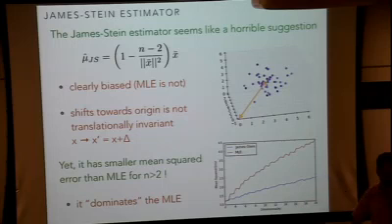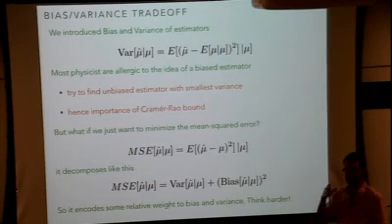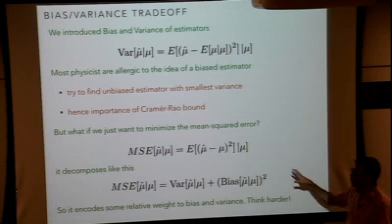Well, that was the thing that we showed last time. One of the points I was making is that before we talked about the Cramér-Rao bound, which said that for unbiased estimators, their variance has to be bigger than some number related to the Fisher information. In this case, we're not talking about variance.